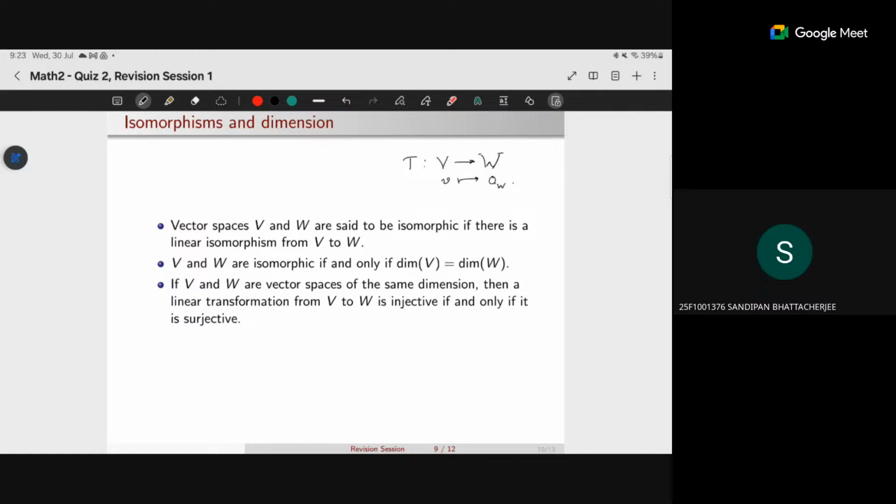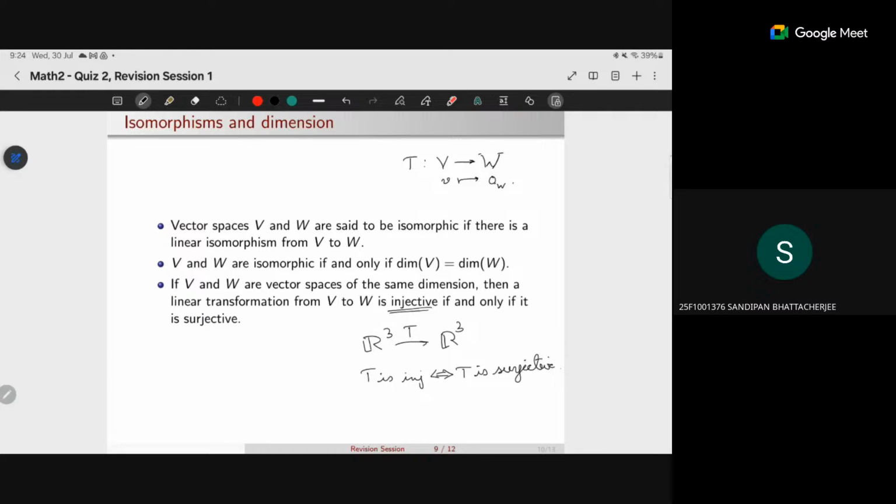But in case you know that the dimension is equal, then instead of having to check both injectivity and surjectivity, checking one of them is enough. So suppose I have a map from R3 to R3. It's a linear transformation. So T is injective if and only if T is surjective. So this is a specific example.